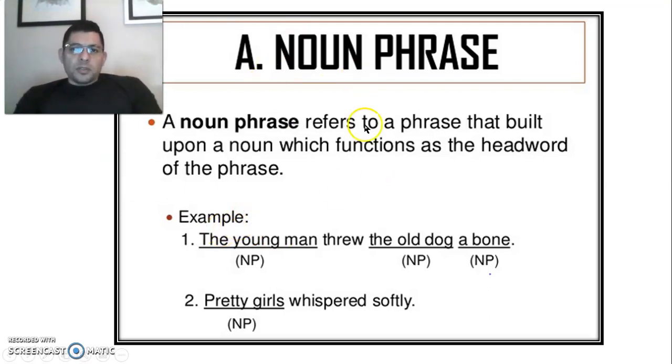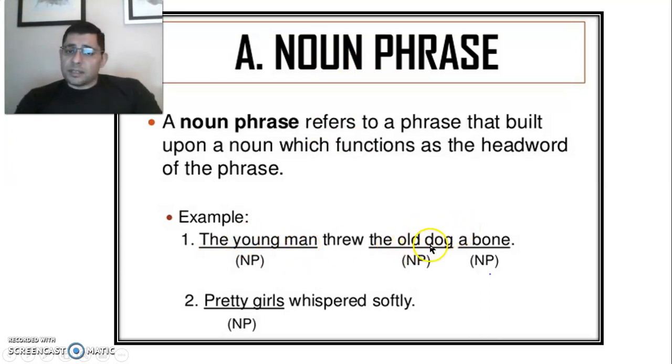So going back to this slide, in the noun phrase we have a determiner, young, which is my adjective, and man, which is my noun. So these three words are going to be used as a noun phrase. Why? Because my principal word is a noun.